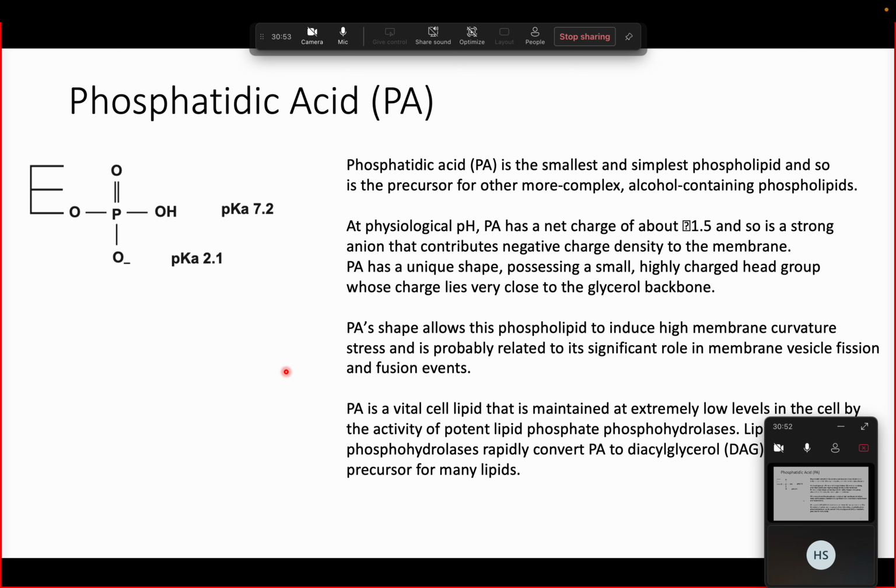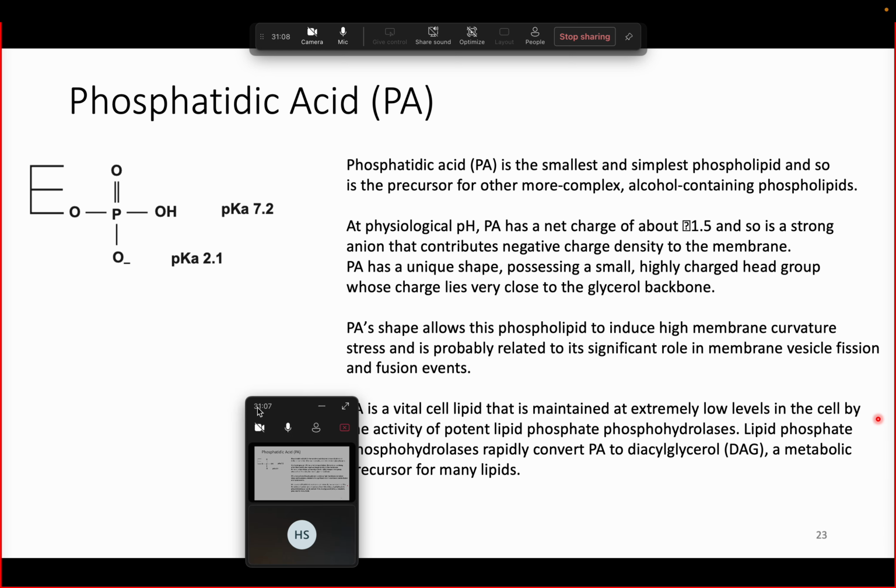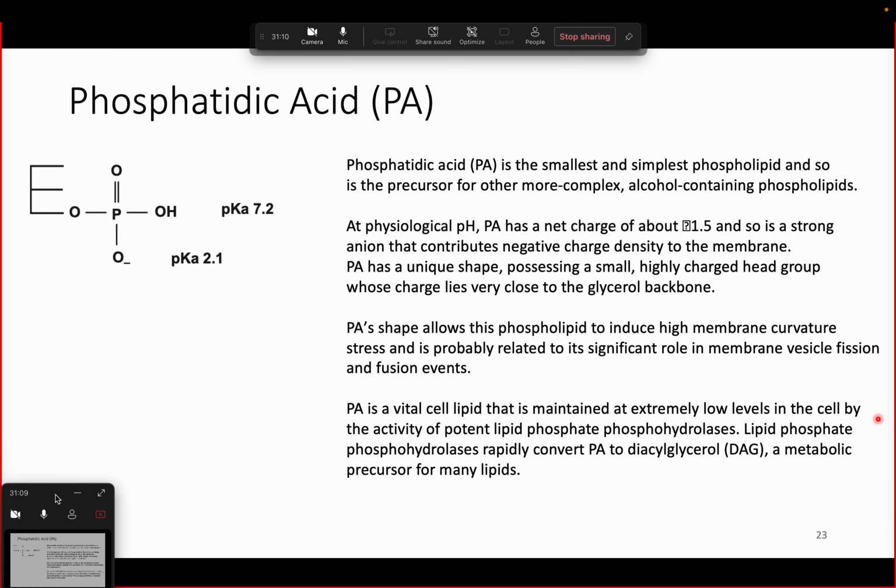Because the simplest molecule you can attach to the O is the H, correct? So this is the simplest phospholipid which is present in the membrane. As it is the simplest, it can act as a base for giving rise to other types of phospholipids.